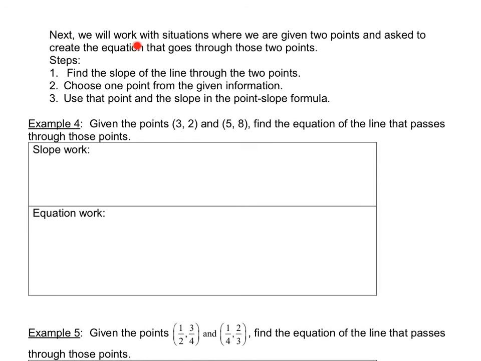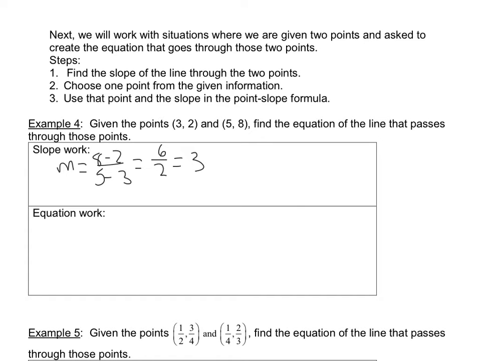Alright, next we'll work with situations where we are given 2 points and asked to create the equation that goes through those 2 points. So we need to find the slope, choose one of the points, and use that point in the point-slope formula. So find the slope. So m equals (8 minus 2) over (5 minus 3). So 6 over 2, so the slope is 3.